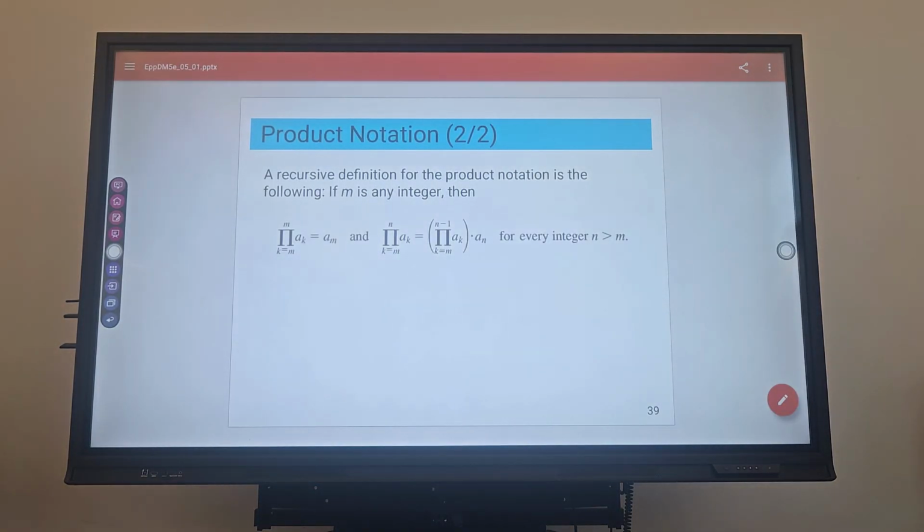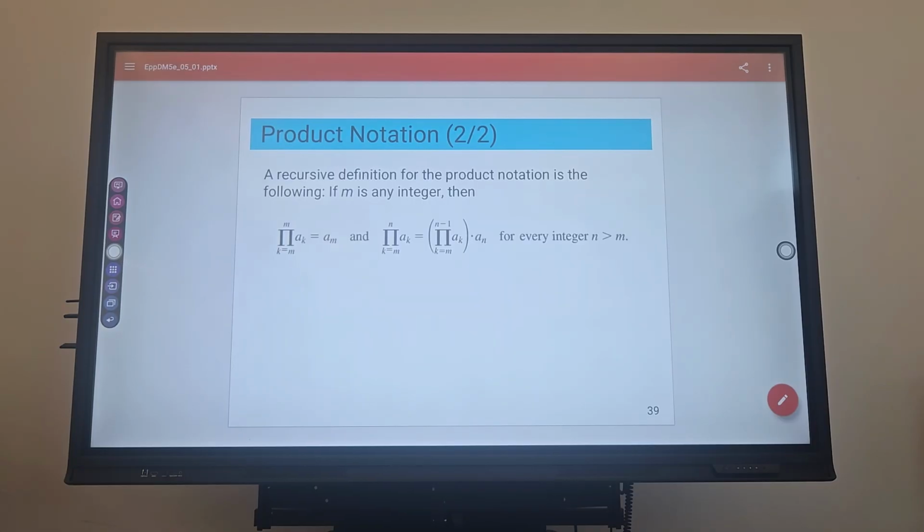A recursive definition for the product notation is the following. If m is any integer, then the product of a sub k from m to m equals a sub m, it's just the one term.